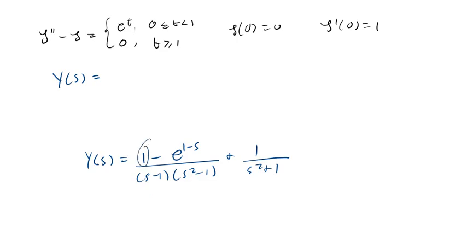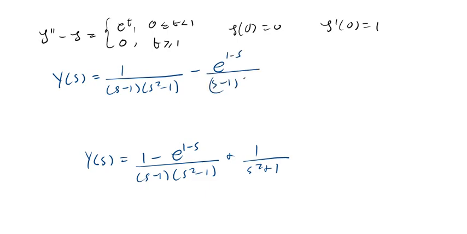We have 1 minus e to the 1 minus s divided by (s minus 1)(s squared minus 1), plus 1 over s squared plus 1.